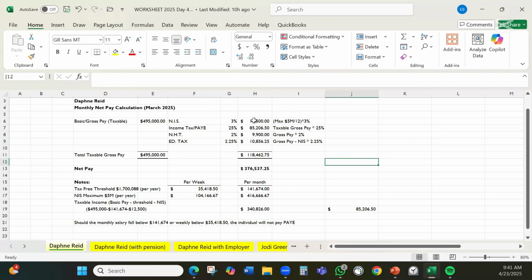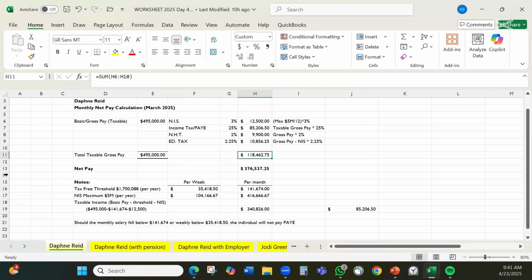Everything here is what would be payable to the government. This entire 190, so of your 495,000 that you would have earned, you need to pay over 118,000 to the government. And this is the breakdown. 12,500 going as NIS, PAYE employees 85,206.50, NHT 9,900, and education tax 10,856.25.